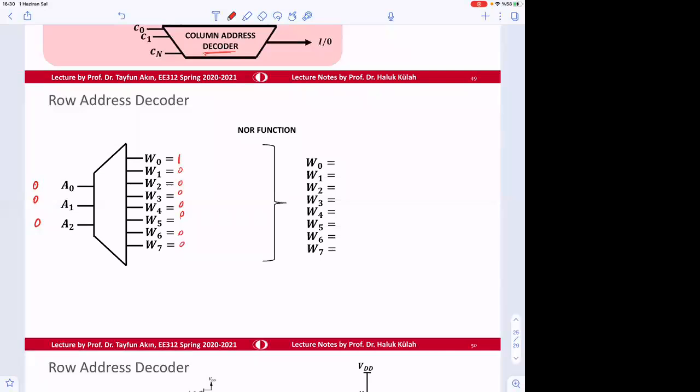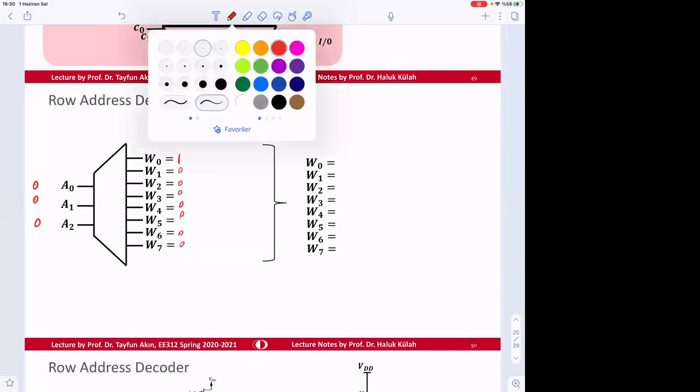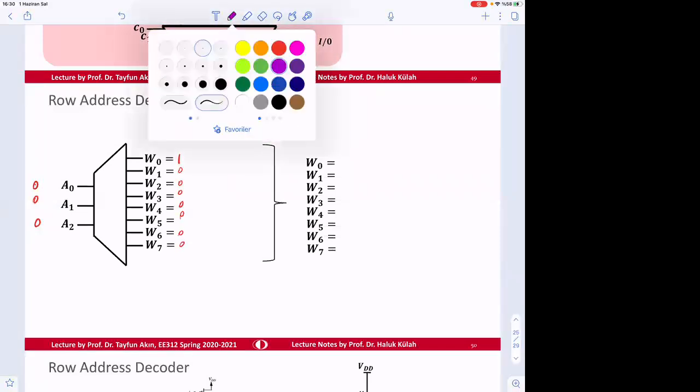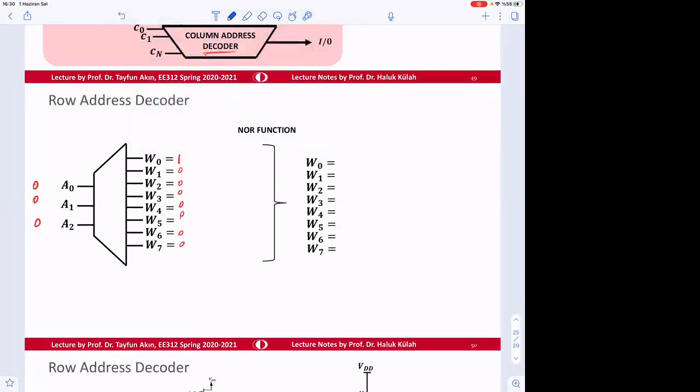Okay, but if you select the signal to be, let's say, 0, 0, 1, 0, 0, 1, then this is going to be 0, this is going to be 1, these are going to be 0. Okay, so you can decide to make this thing using maybe a NOR function.